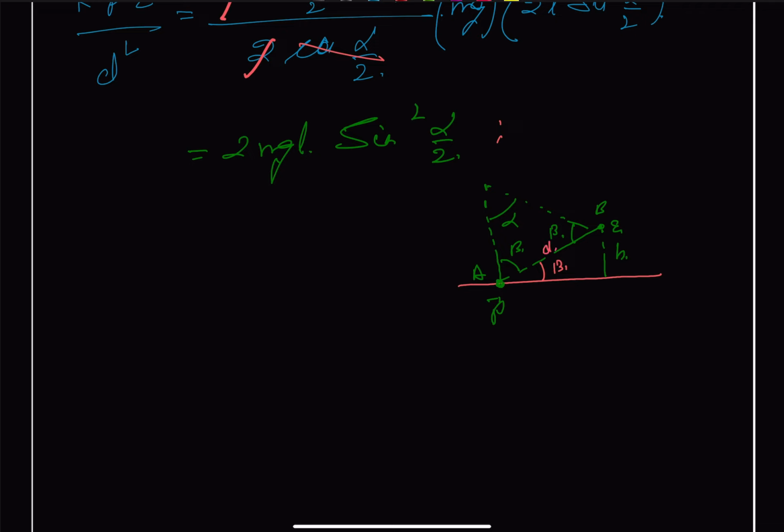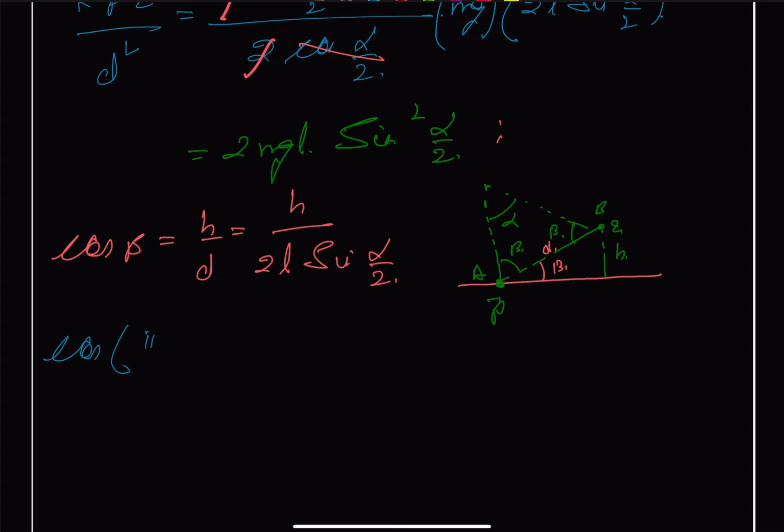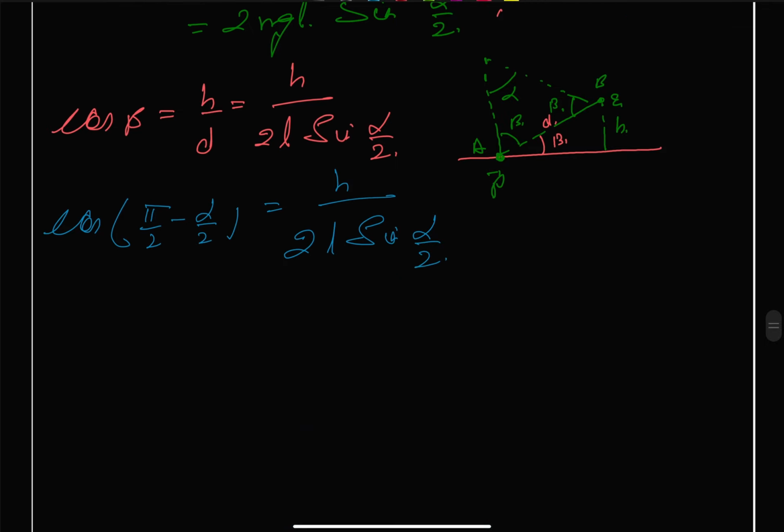Therefore we get cos of beta is equal to h upon d, and d is already given to us, that is our twice l sine of alpha by 2, and beta we already know, so we can put this as cos of pi by 2 minus alpha by 2 is equal to h upon 2l sine of alpha by 2, and this will be giving us sine alpha by 2.